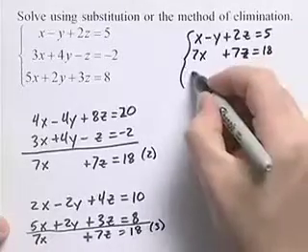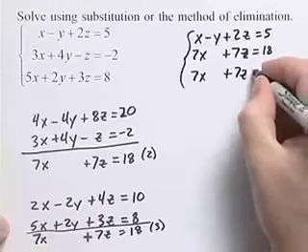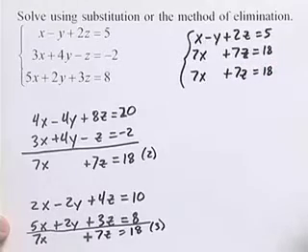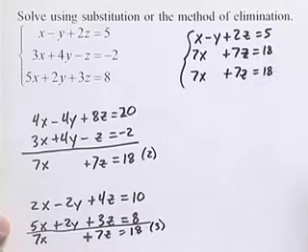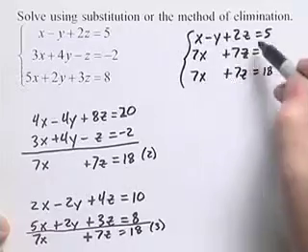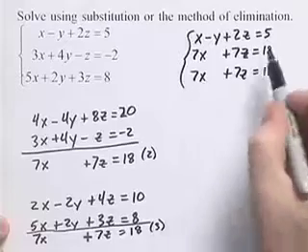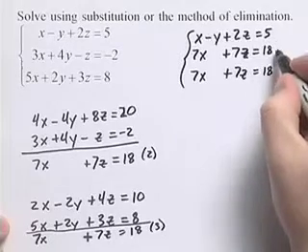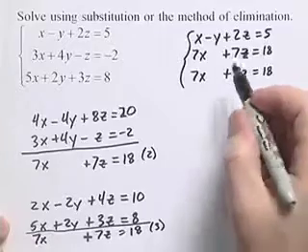And then we have our third equation, 7x plus 7z equals 18. At this point, we see these last two equations are identical, so we have a redundant equation. Because we have three equations and three unknowns, but one of these equations is redundant, it's really like we only have these two equations and three unknowns. So our system will have an infinite number of solutions.